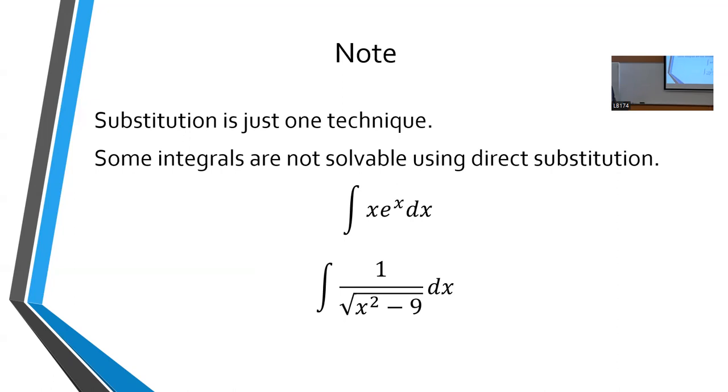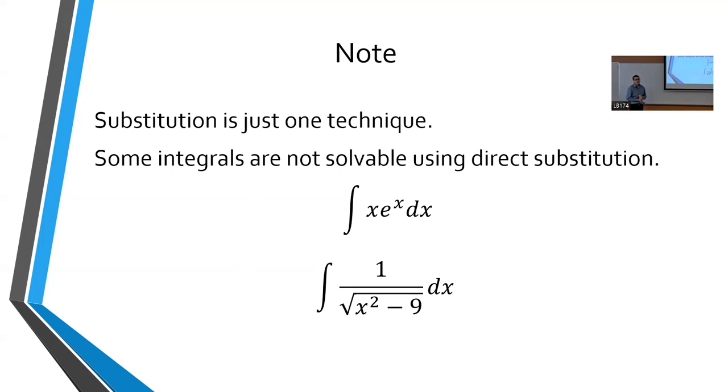All right. Now that leads us to the next thing. We've done a lot of substitution in the last couple of class periods. However, there are integrals, in fact, like these two, that are not solvable using direct substitution, replacing an expression with u.